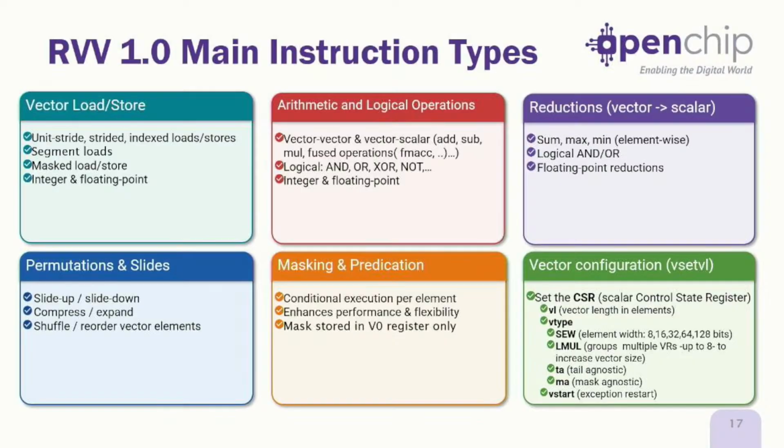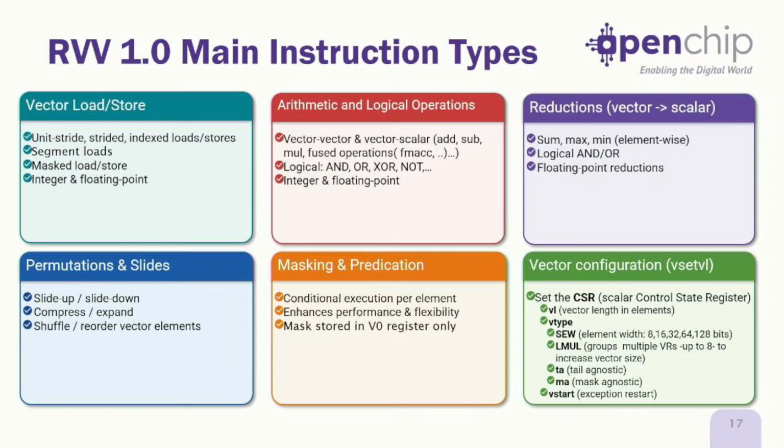We already saw masking, which uses the V0 register to mask the data for an operation. And this is not really a vector operation, but a configuration instruction which sets all the parameters we already saw.